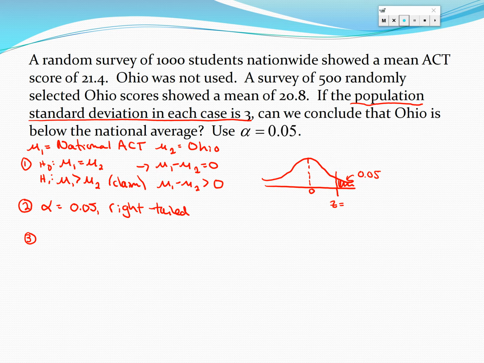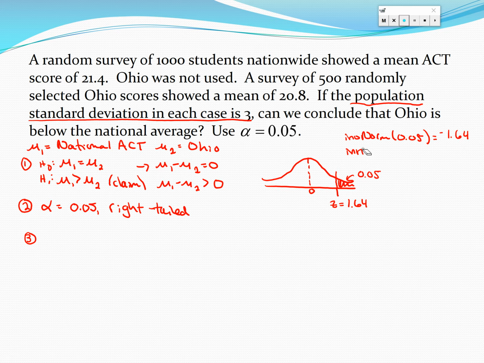Now I know some of you, when you do the calculator, you'll just put in the 0.05, but then what you get out of that is negative 1.6. If you do the calculator, you get 1.64. But we're on the right side, so we'd have to make sure that we switch it and we go positive.